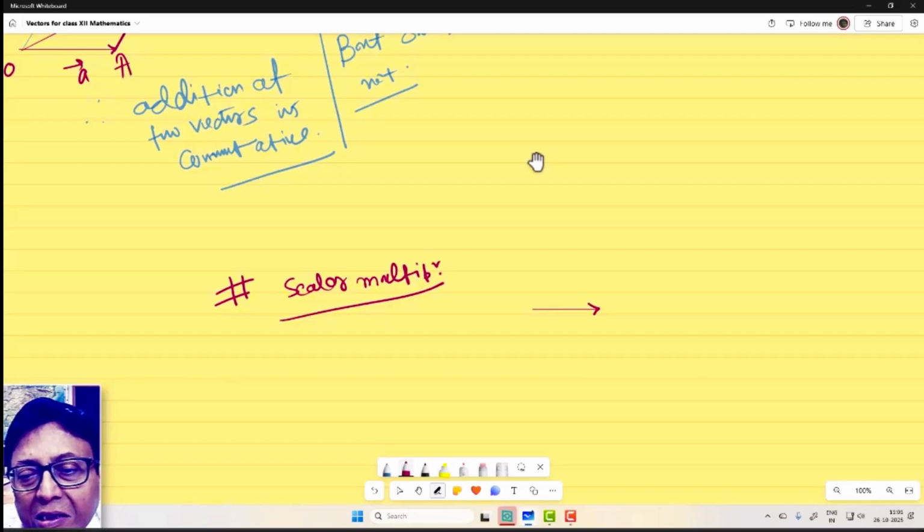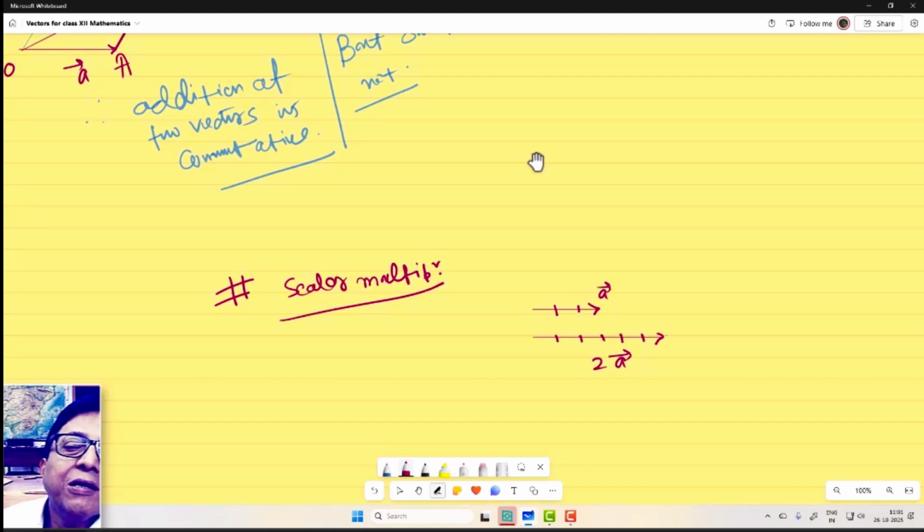You have taken this one vector A. Suppose it has magnitude 3 units. You take a vector in this manner. This is 1, 2, 3, 4, 5, 6. How do you write this vector? If this is A, this will be 2A.